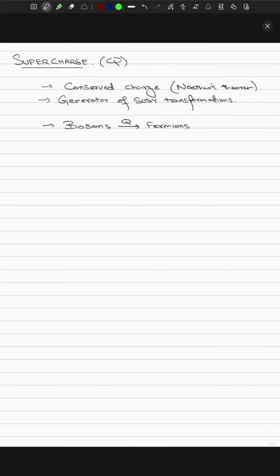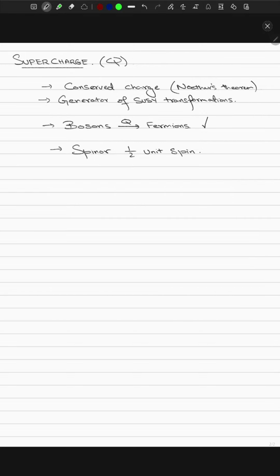Another thing to note over here, because of this fact, which we'll look at in a moment mathematically, is that the supercharge operator changes a particle with spin 1/2 to a particle with spin 1 or 0. The supercharge itself is a spinor, which carries half unit spin, right?